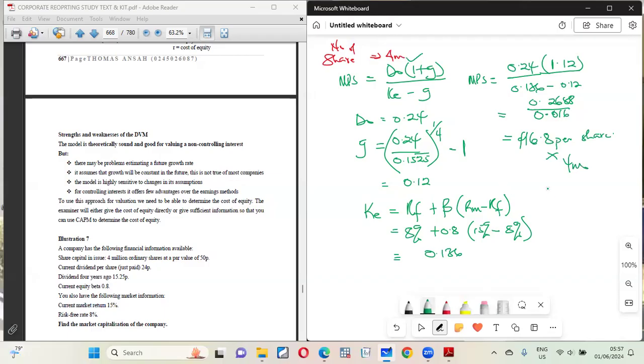And that gives me something like 672, and the zeros are 5. 1, 2, 3, 4, 5. So that is like 67,200,000. So that is the total value of a business.